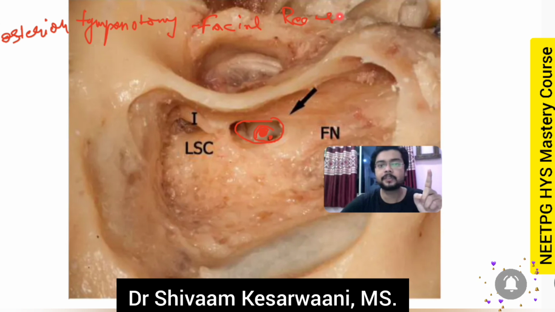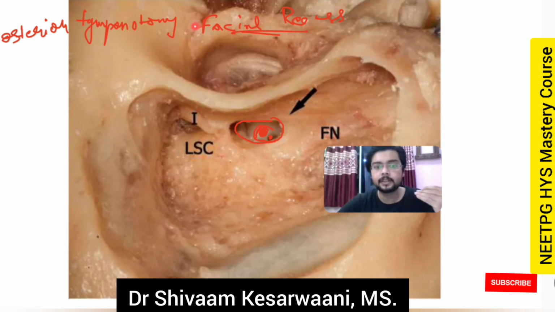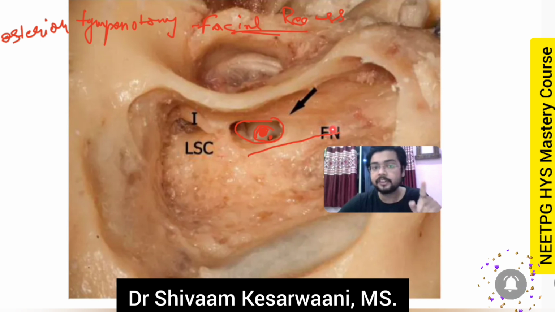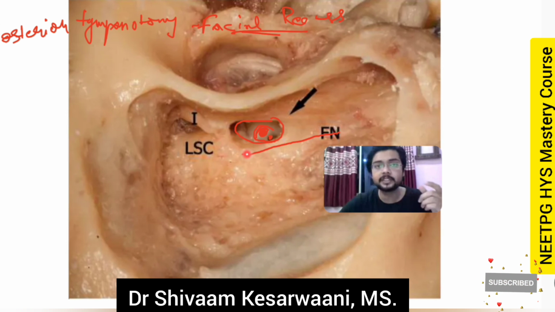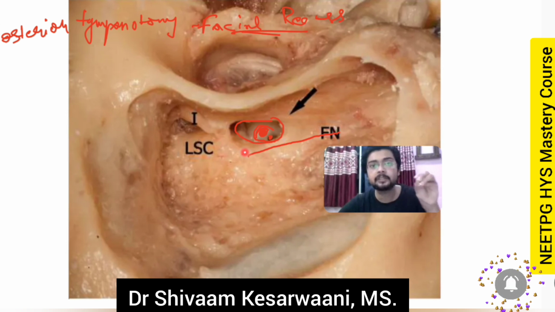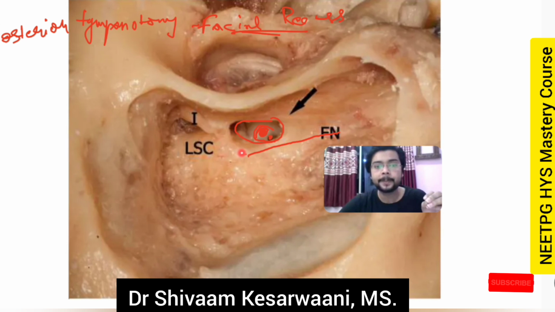So how many of you know this facial recess boundary? Let us revise this and see that the facial nerve, facial recess, and sinus tympani are different things. Here we are talking about the facial recess, which is a landmark, or you can say the pathway, for doing the posterior tympanotomy. Posterior tympanotomy is just entering the middle ear through the mastoid cortex, and here medially you are getting the vertical segment of the facial nerve.